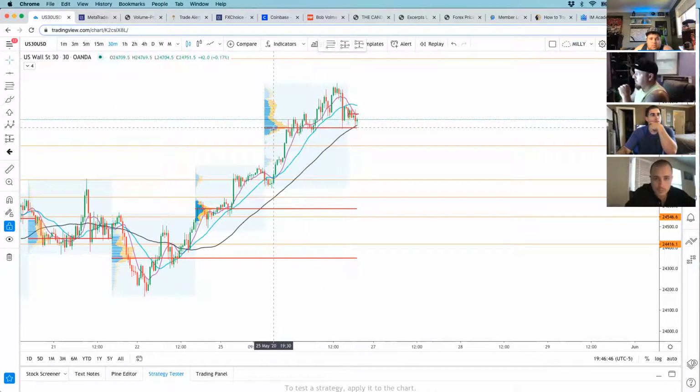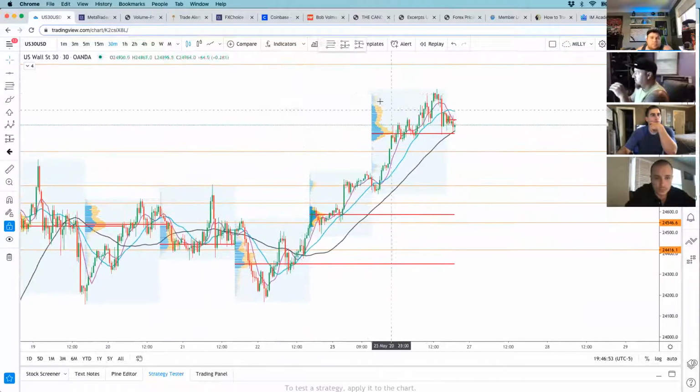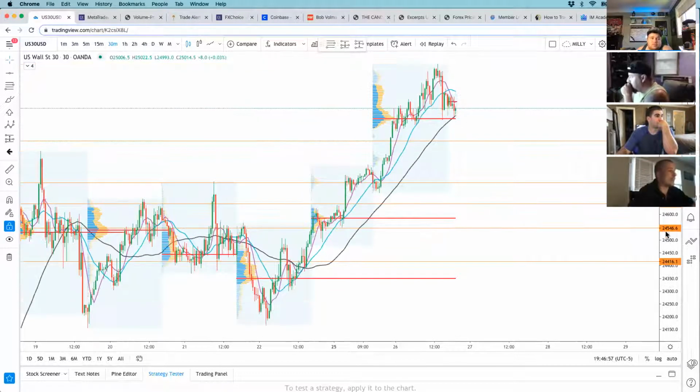But this volume profile is going to be building throughout the day because it just started, right? Right. Until 5 o'clock tomorrow, so this will kind of change. So that whole box, the shaded box, is a full day.